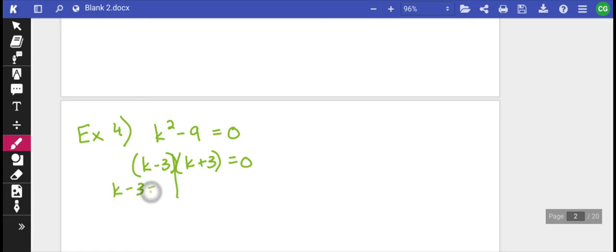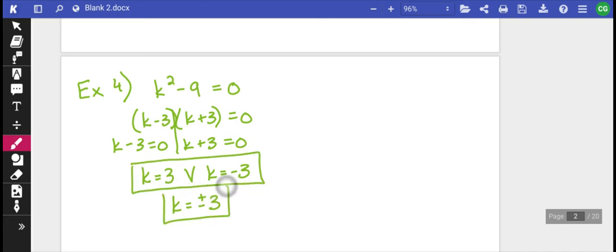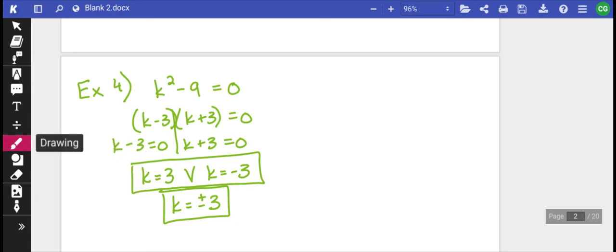Set them both equal to 0. My answers are 3 or negative 3. Another way to write that would be k equals plus or minus 3. Either way you'd want to present your answer would be appropriate. All right, let's try one last example.